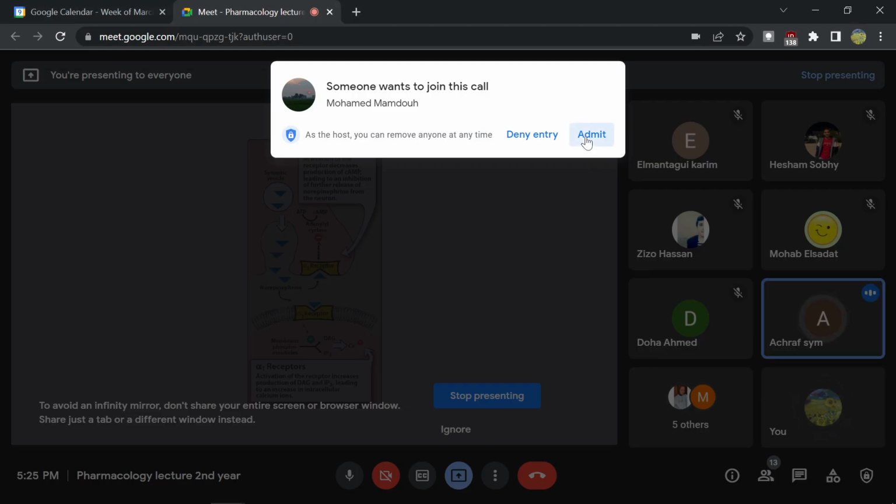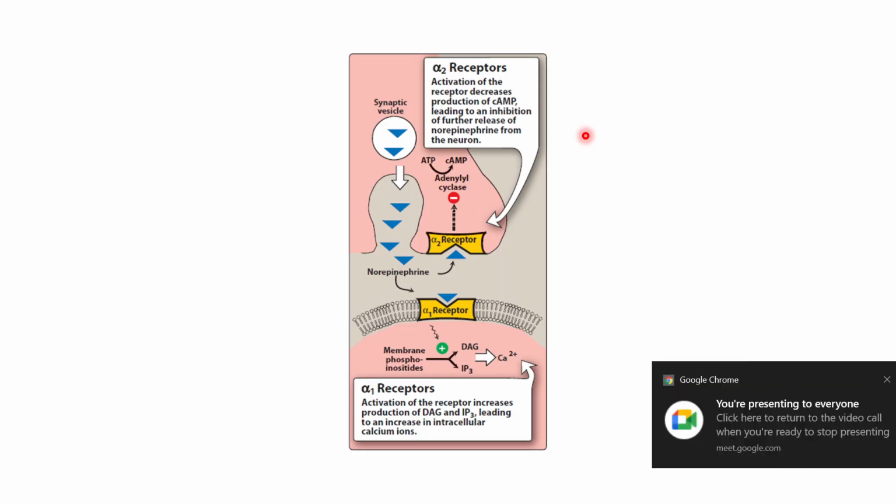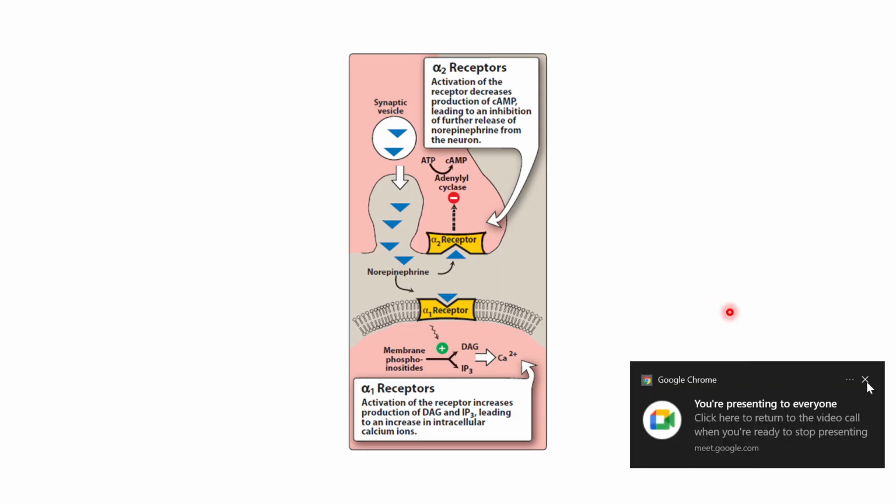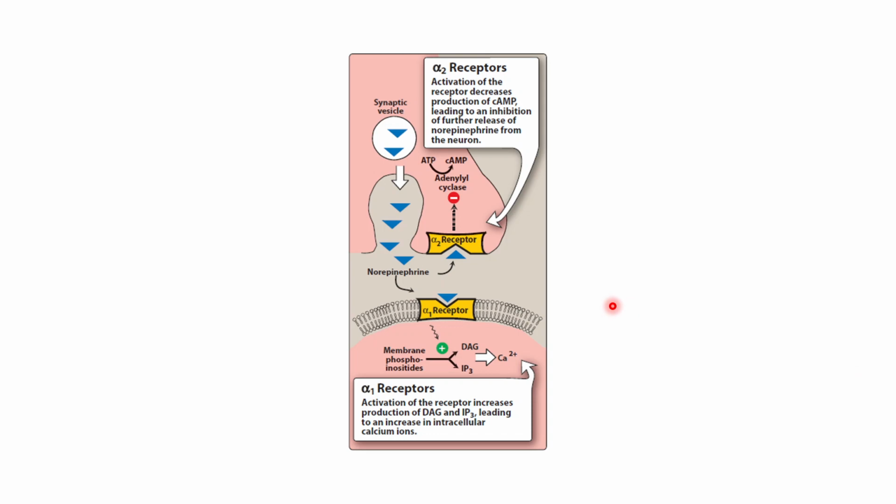Is norepinephrine in this case still an agonist or antagonist? It's still an agonist, because agonist and antagonist names are given by the action on the receptor, not by the function, because drugs are not connected with the function.